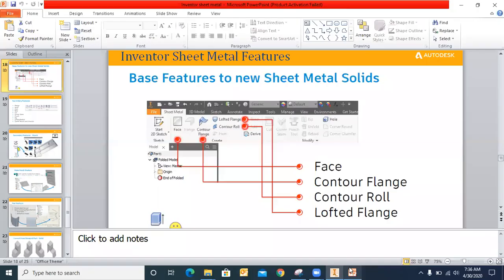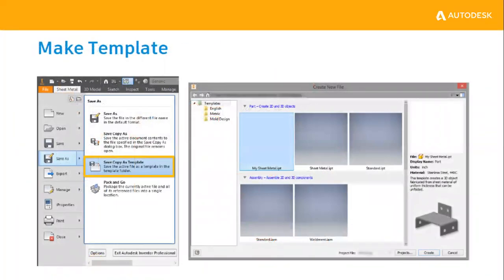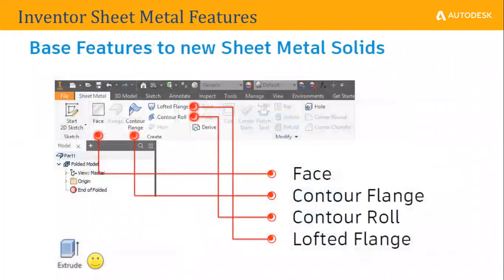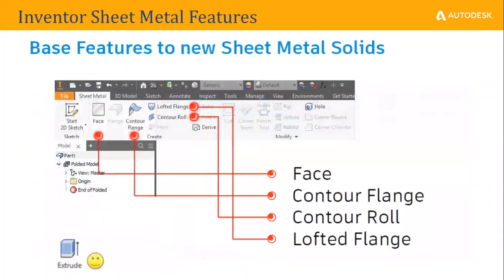Okay, now let us see the sheet metal features. So far we've seen how to set the styles and rules. If you take the sheet metal features, we will have base features as well as secondary features. Base features are like face, contour flange, lofted flange and contour roll. These are your base features, and we will be designing these before going for the other features.